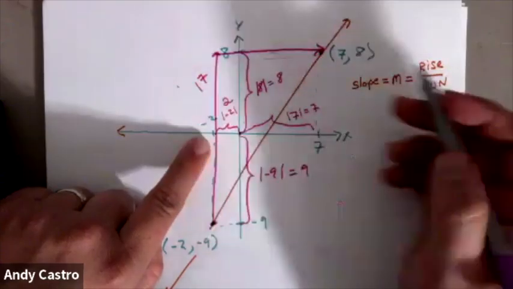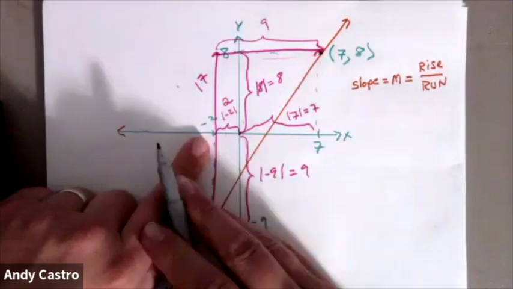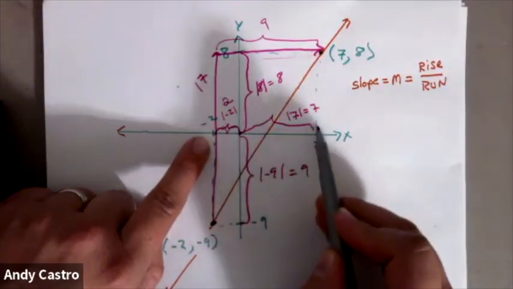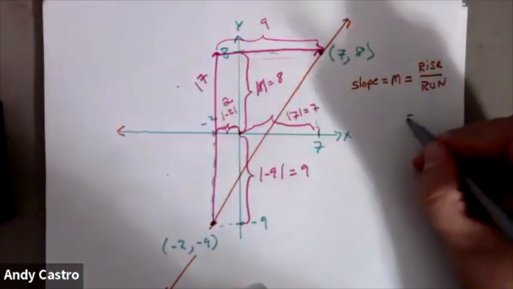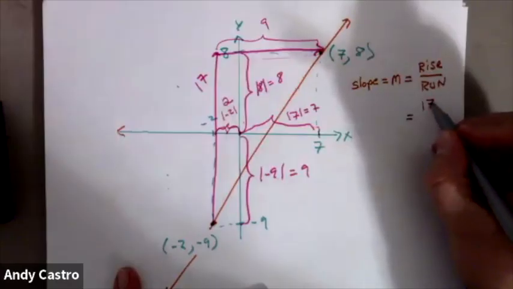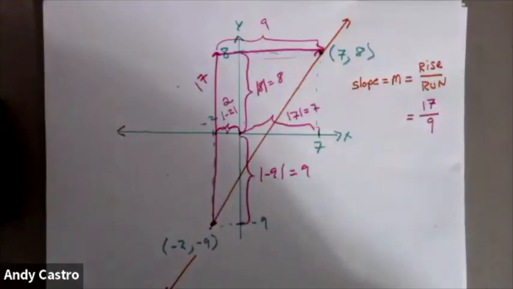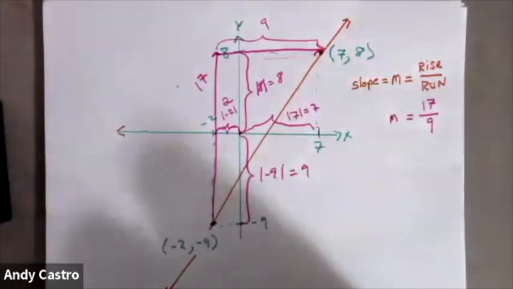I add 7 plus 2, that gives me 9. I'm going over 9, right? 1, 2, 3, 4, 5, 6, 7, 8, 9. All right, so my rise is 17, and my run is 9. 17 over 9. That is my slope denoted by the letter m.